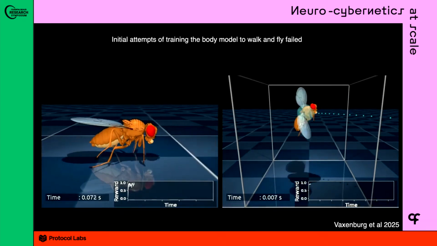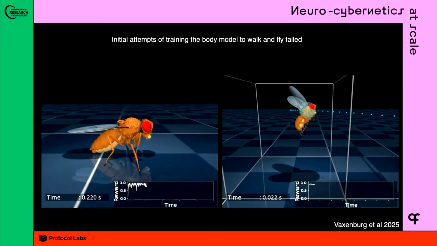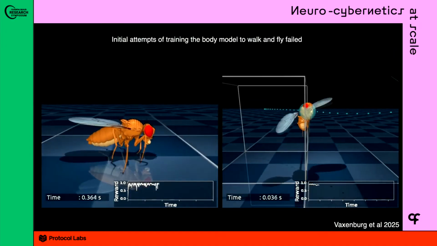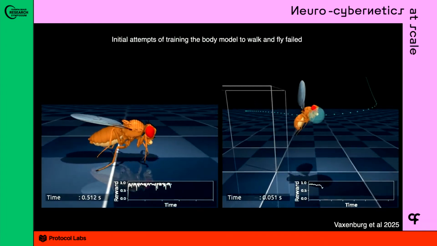And then we did reinforcement learning, and ta-da, it works really well. It can walk, and it can fly.